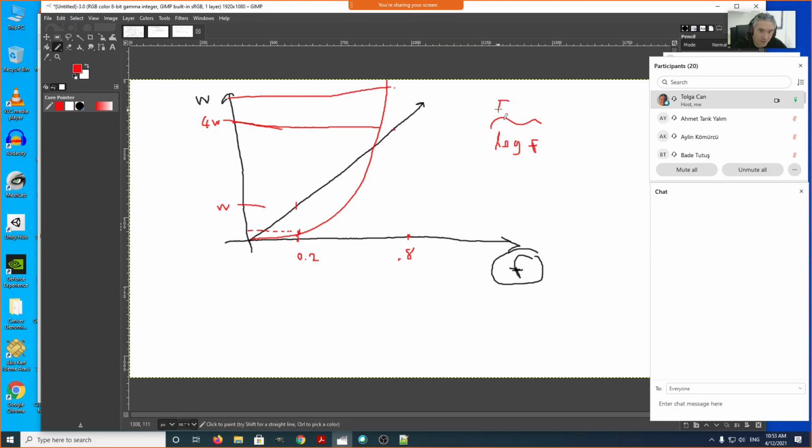The logarithm of 1 is equal to 0, and the logarithm of numbers between 0 and 1 are negative numbers from minus infinity to 0. So we are going to have negative weights. To get rid of these negative weights, one way is to divide by some other negative number.